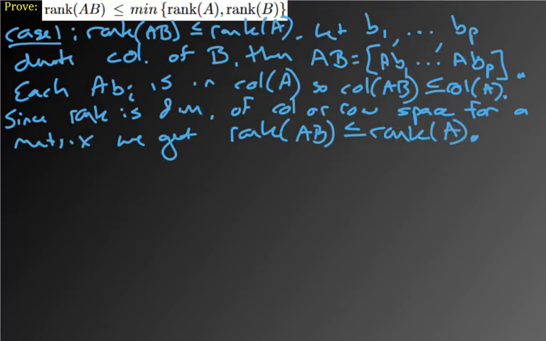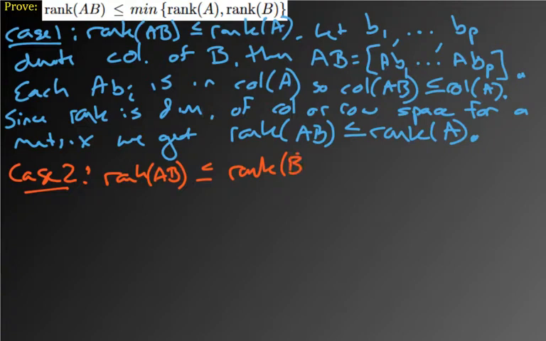All right, so now case 2, we're going to show that the rank of AB is less than or equal to the rank of B. To do this, we take the rank of AB, and we showed last time that the rank of a matrix is equal to the rank of its transpose.